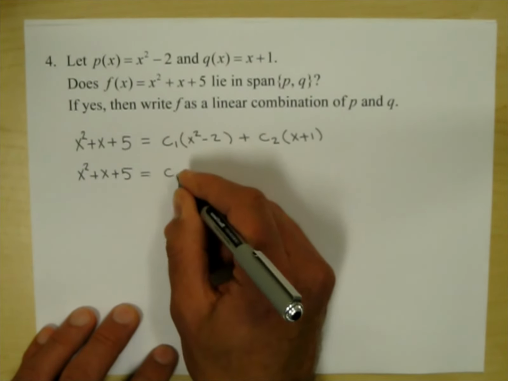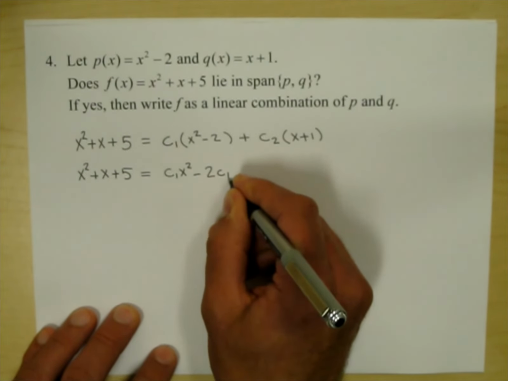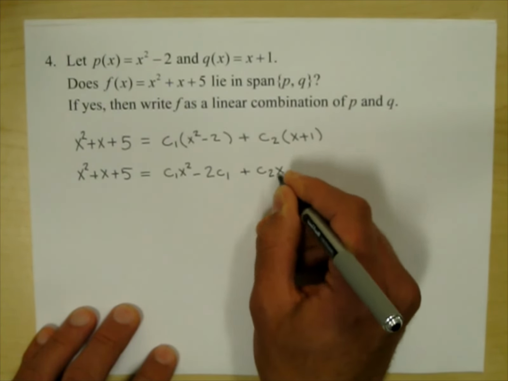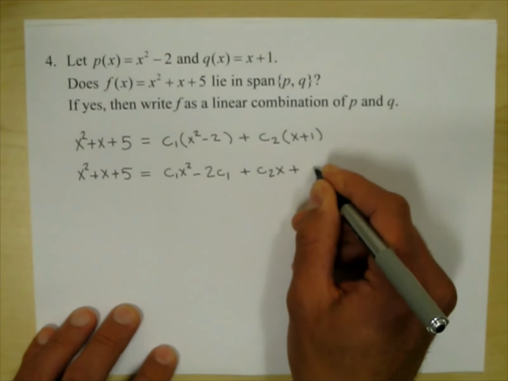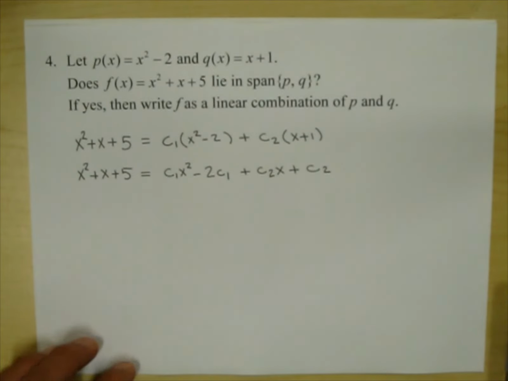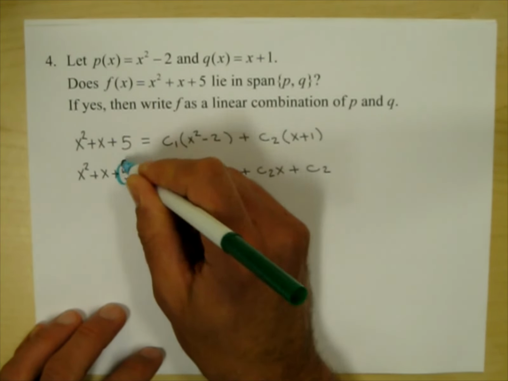So this is c1x squared minus 2c1 plus c2x plus c2. Okay, so now I'm going to go ahead and circle all my constants. Here's a constant here, which is 5.